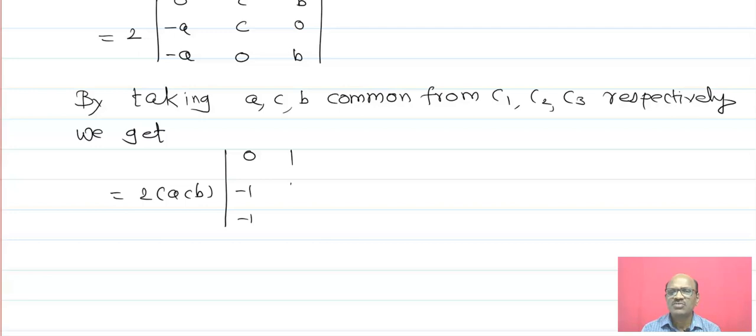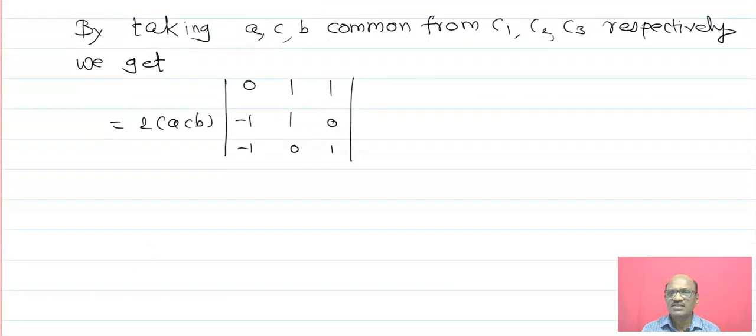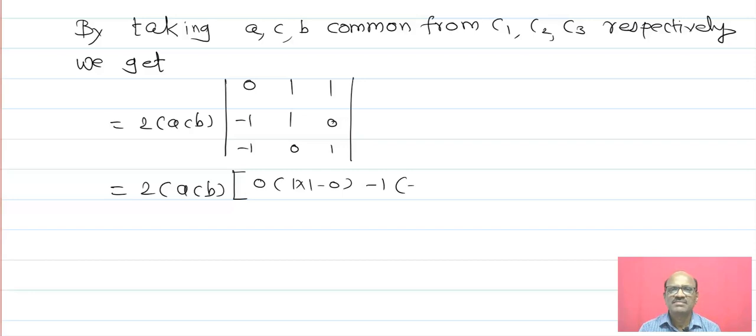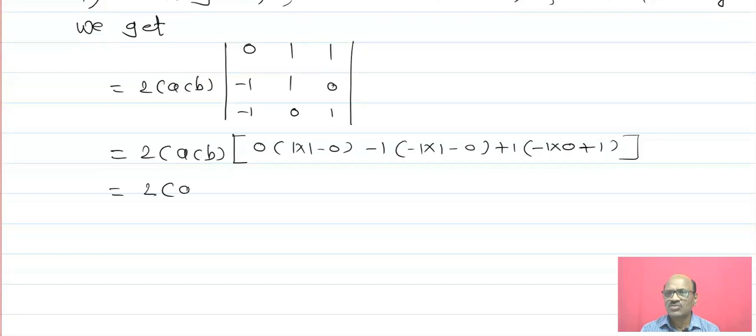Then you are getting, that is 2 in bracket ACB in determinant 0, 1, 1, 0, minus 1, 1, 0 and minus 1, 0, 1. Now evaluate this determinant. That is, you will get, from the first there will be 0, from the second it is plus 1, and from the last is also plus 1. That is, 1 plus 1 is 2. That is 2 into 2 ABC. It makes 4 ABC.